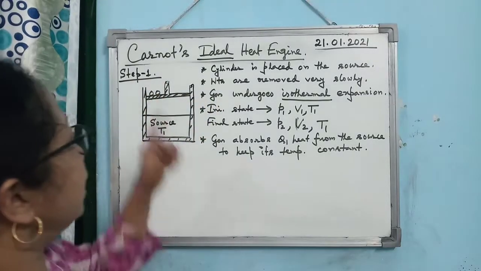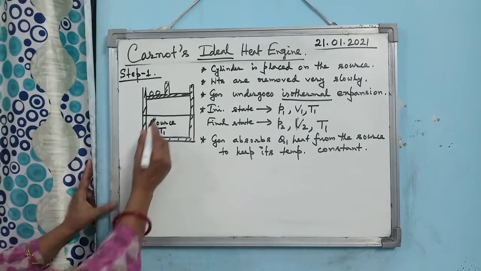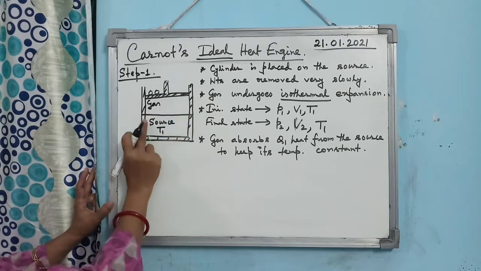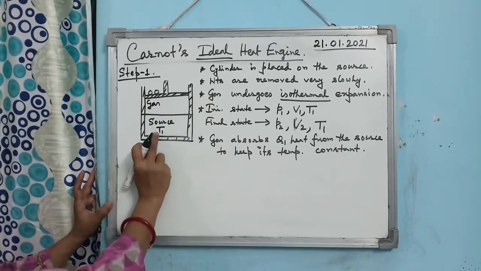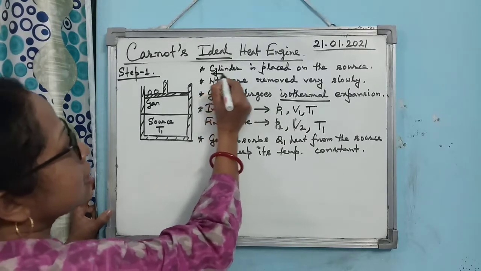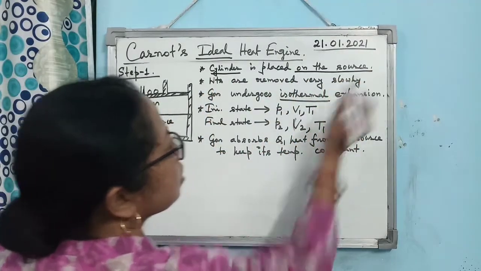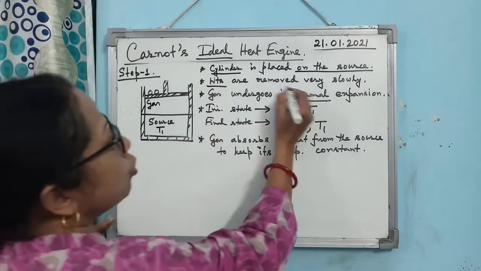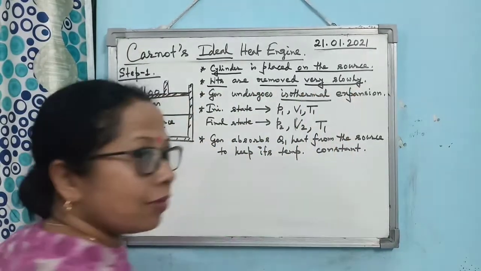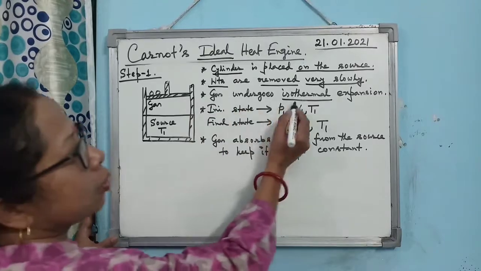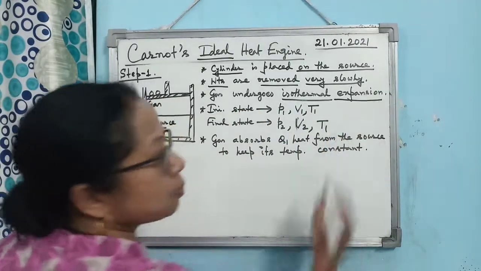Alright, so if you consider what is done, here is the ideal gas along with the cylinder. You have kept it on the source, which is maintained at the temperature T1. So first, what is done? The cylinder is placed on the source. Second, weights are removed very slowly. Why very slowly? So that the process can become isothermal, and the gas undergoes isothermal expansion.